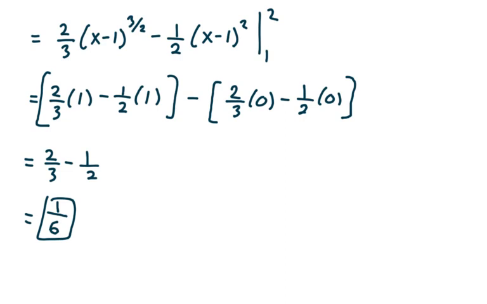And then I'm going to go minus. Then I replace x with 1, and I get 2/3 times 0 minus 1/2 times 0, which is equal to 2/3 minus 1/2 right here, which is equal to 1/6. And that right there is example 2.